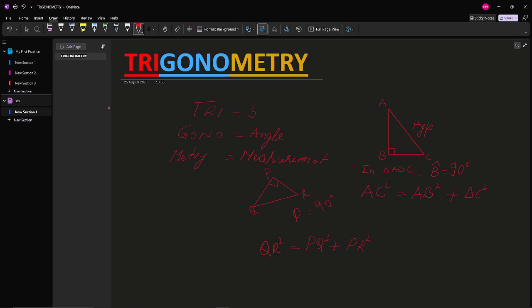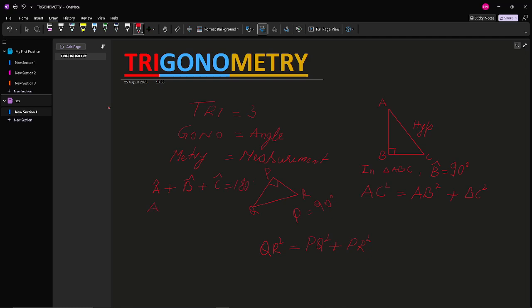Now according to the theory, the sum of the three angles of a triangle is always going to be equal to 180 degrees. So if I take triangle ABC, angle A plus angle B plus angle C, the sum of the three angles is equal to 180 degrees.